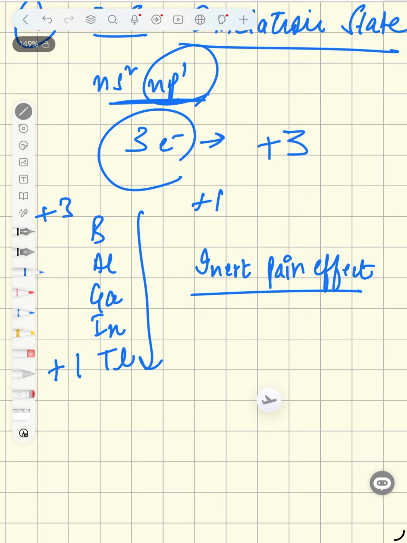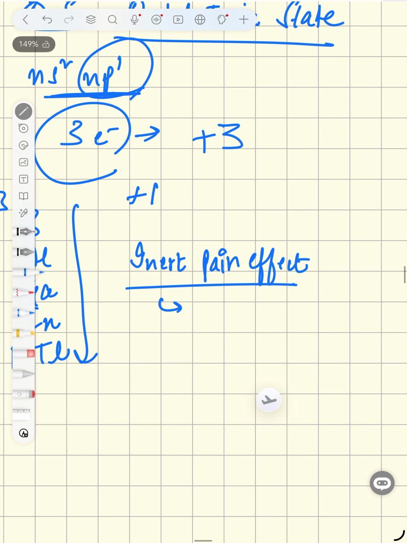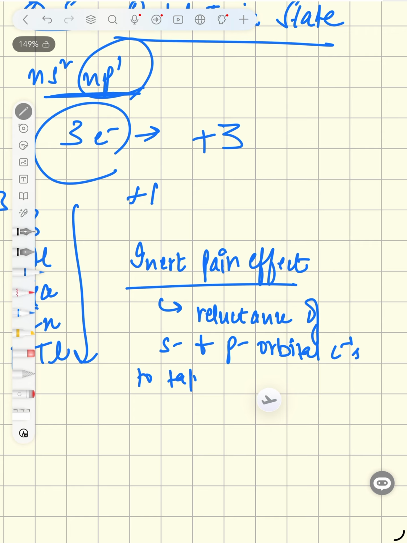Inert pair effect is defined as the reluctance of s and p orbital electrons to take part in bonding. That is, s and p electrons do not participate in the bonding.